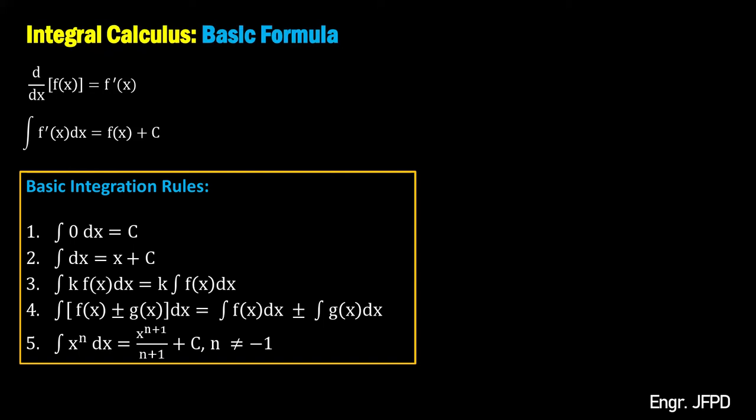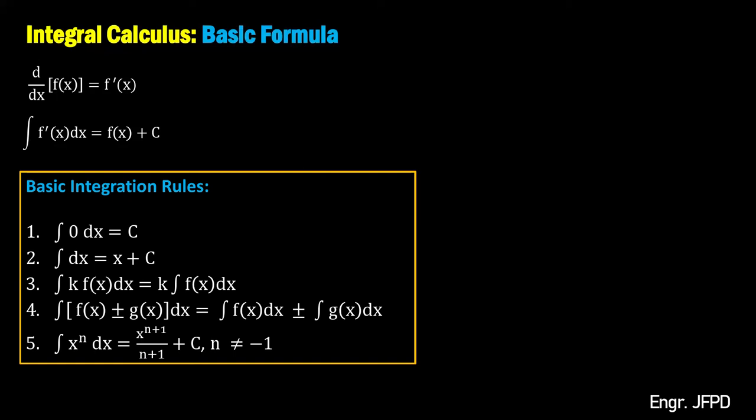And for our basic integration rules, 1, we have the integral of 0 dx, which is equal to a constant c. And for the integral of dx, this is equal to x plus c. Then for formula number 3, the integral of a constant multiplied by a function f of x dx, we will just simply factor out the constant, that is constant k, then multiplied by the integral of f of x dx.